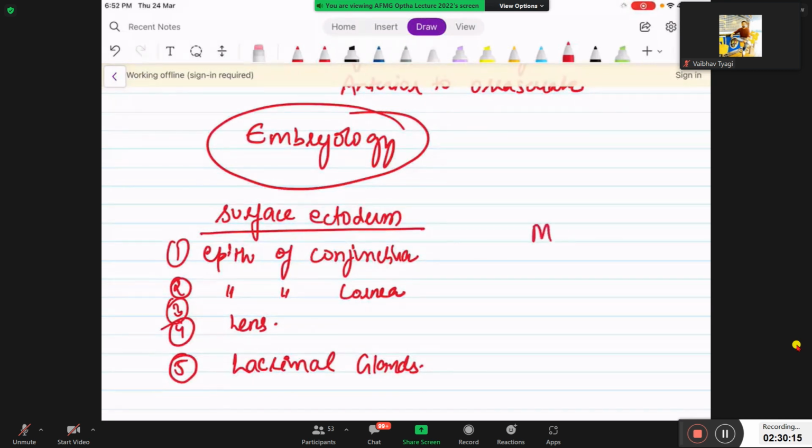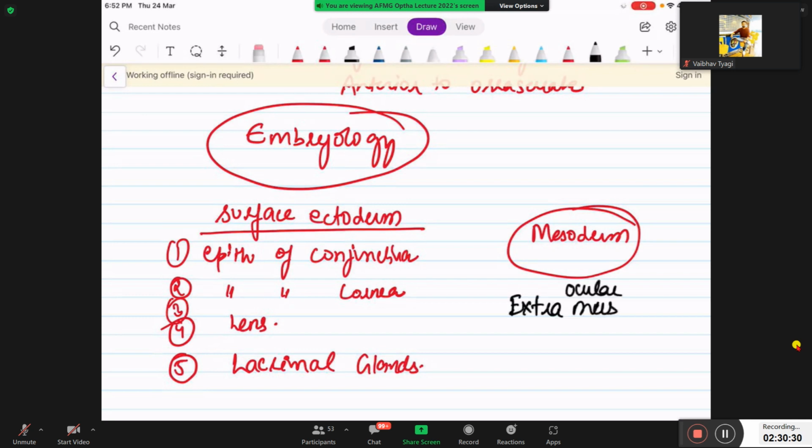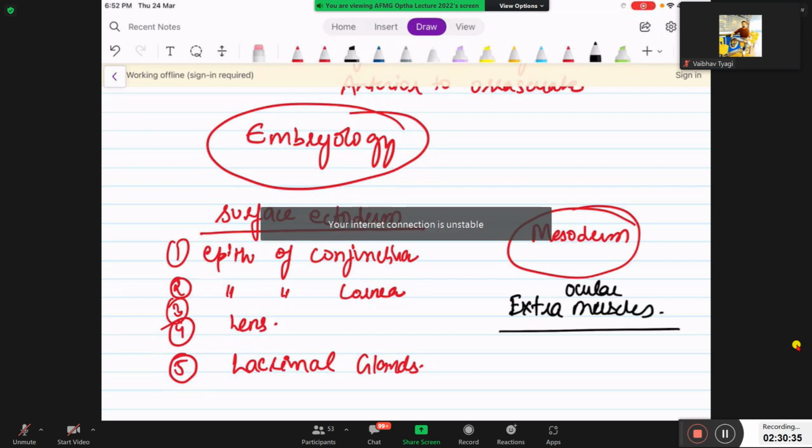Talking about mesoderm, the extraocular muscles are mesodermal in origin.